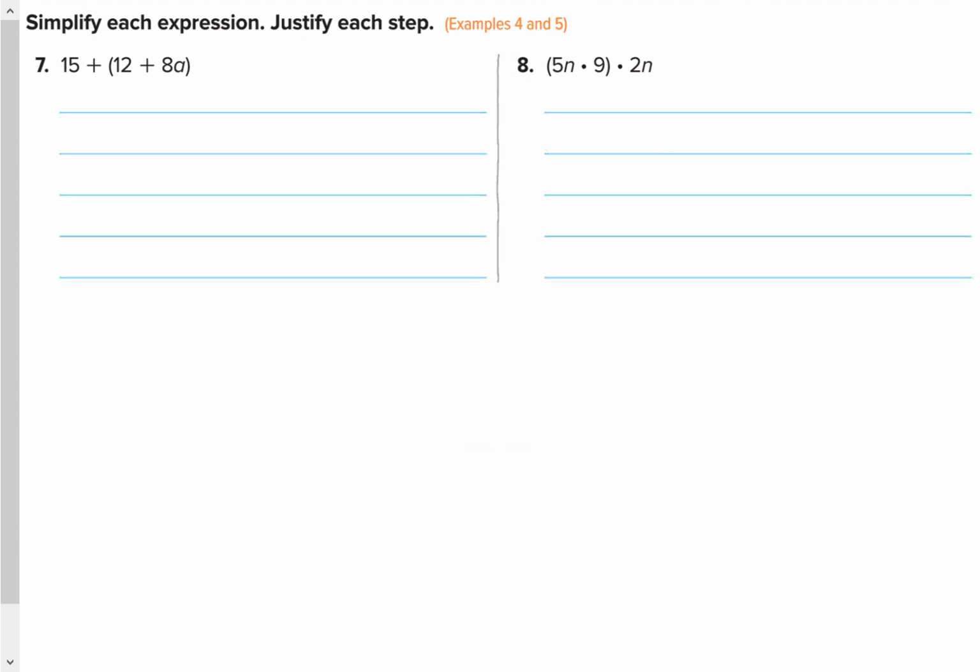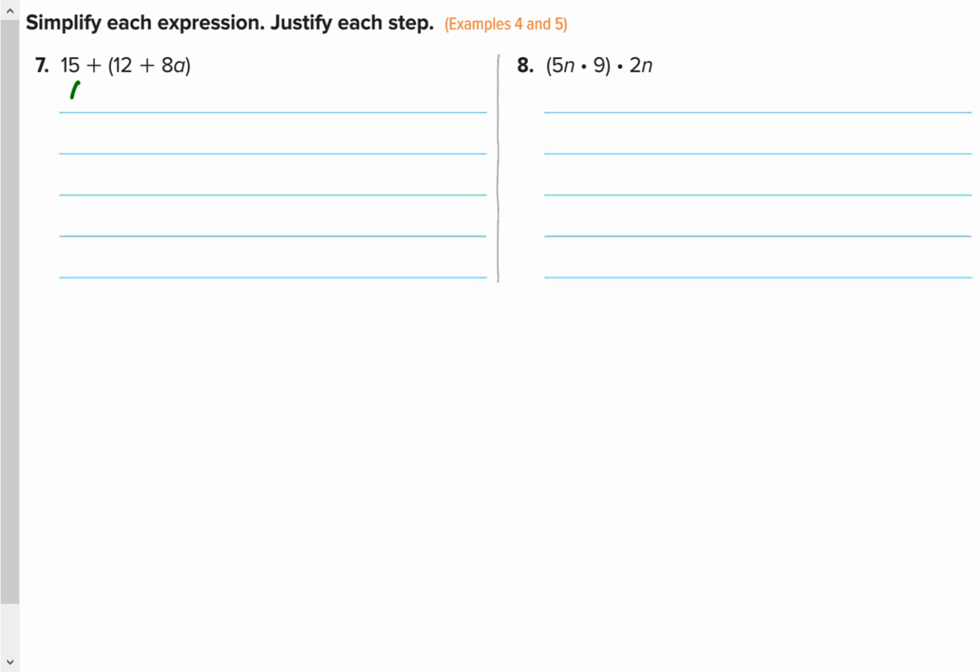All right, so now we're going to get into simplifying the expression, and you have to justify each step. Meaning, if you're going to do something, you have to explain why you do it. So for this one, what I'm actually going to do is take the parentheses and group them around the 15 plus the 12.